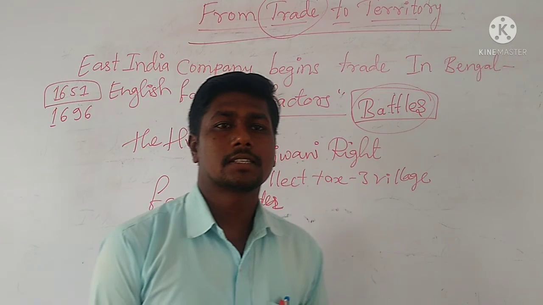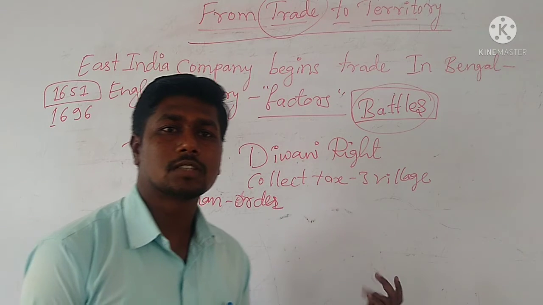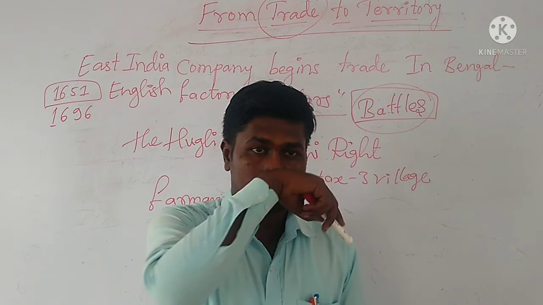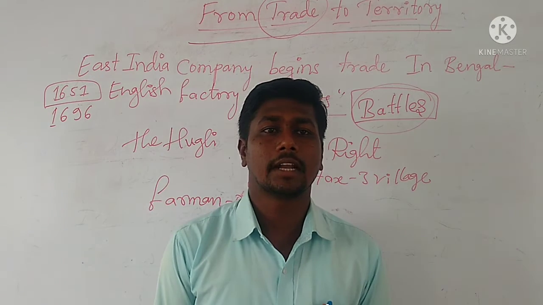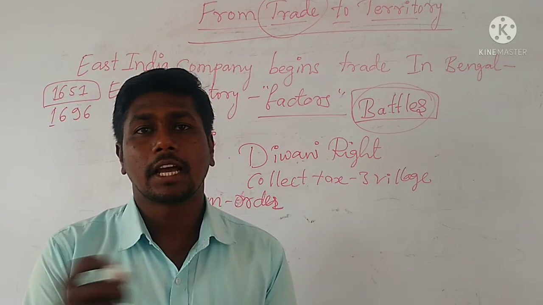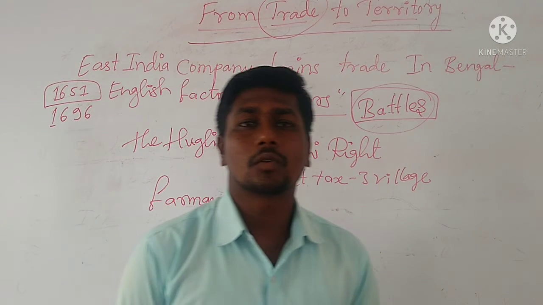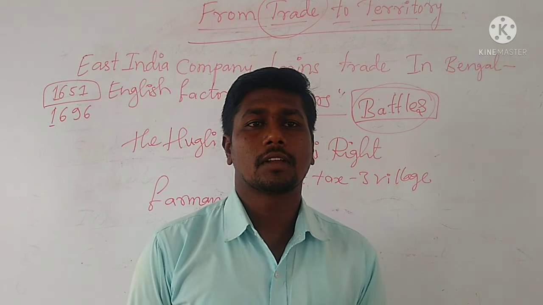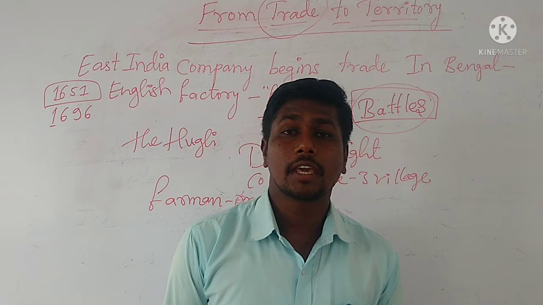Just for example, Murshid Quli Khan was there. Murshid Quli Khan was followed by whom? By Alivardi Khan, and then after Alivardi Khan, who came to the rule? Siraj-ud-Daula.